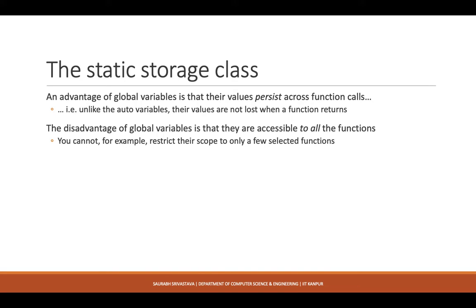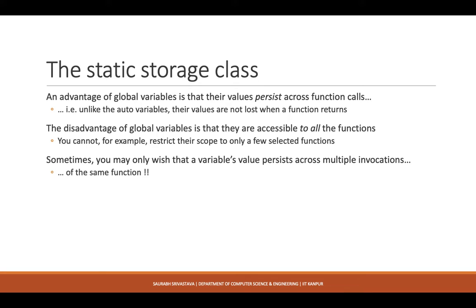The disadvantage, of course, is that global variables are accessible to all the functions in your program. So you cannot, for example, stop your global variable's use in certain functions and allow it in certain others, right? Global means it's available to everyone. Sometimes, in certain conditions, you wish to persist a particular value across multiple invocations of the same function, but you don't want the value to be accessible outside the function.